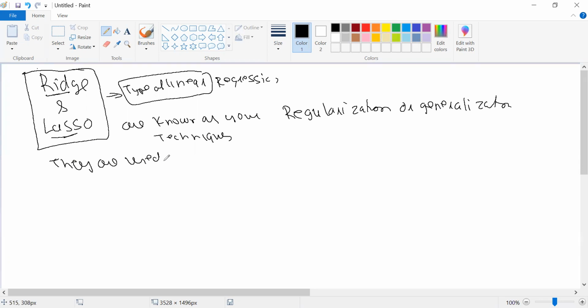They are used to overcome the problem of overfitting.